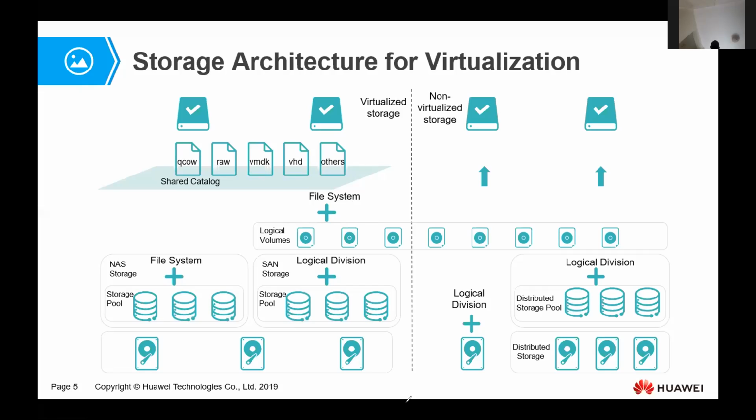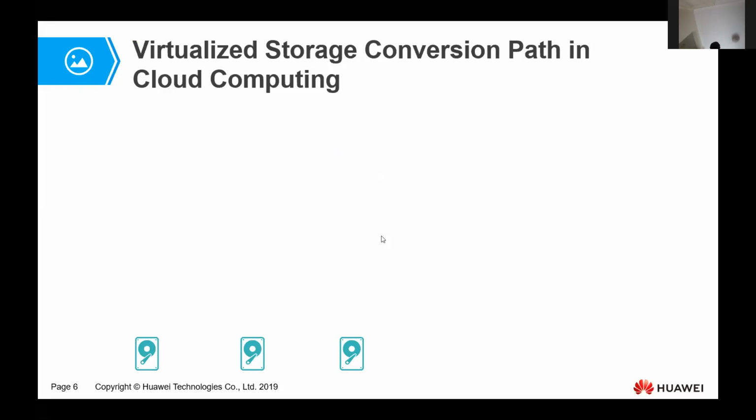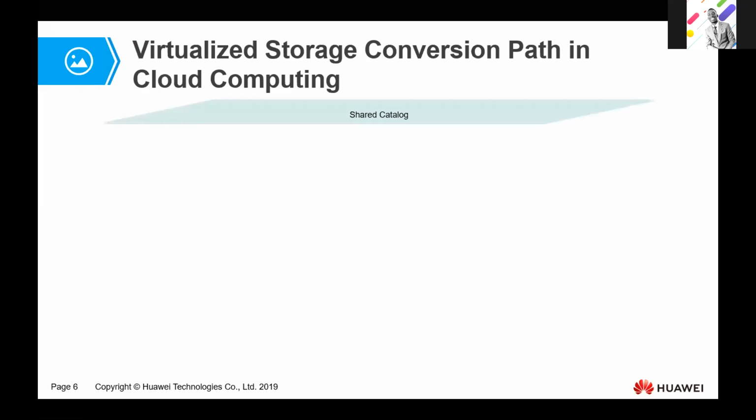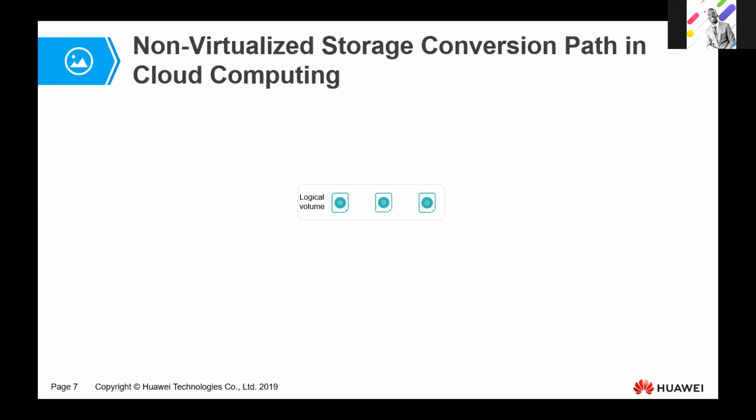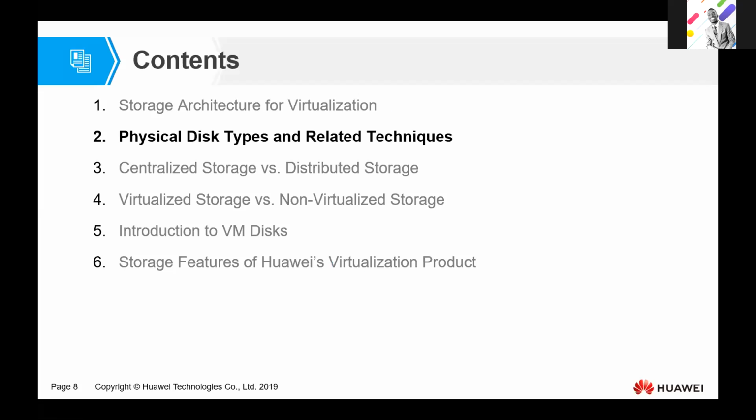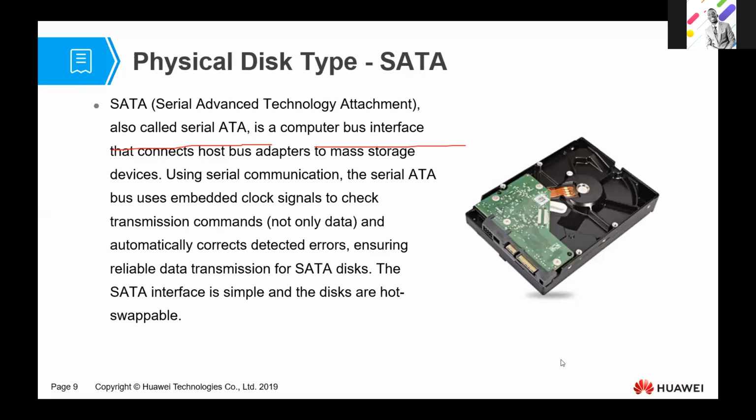Before we go ahead to look at formatting, let's also try to understand some physical hard disks, physical types and related techniques. We have seen and played with them, at least most of us. For those who have not, don't worry, we shall go slow.